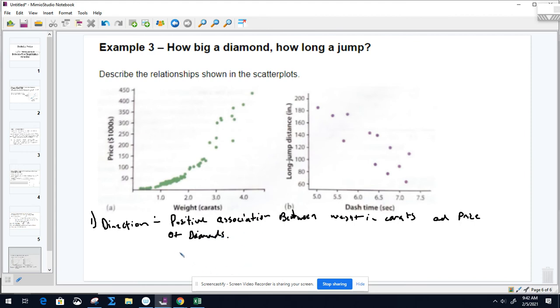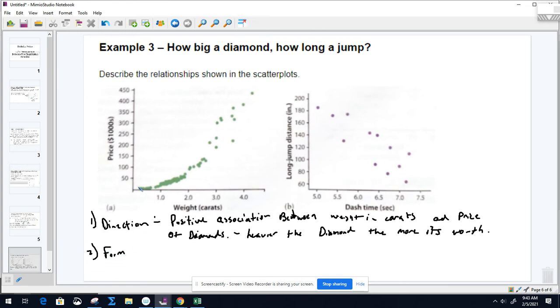So the heavier the diamond, the more it's worth. Number 2, the second thing that I want you to tell me is, what is the form?